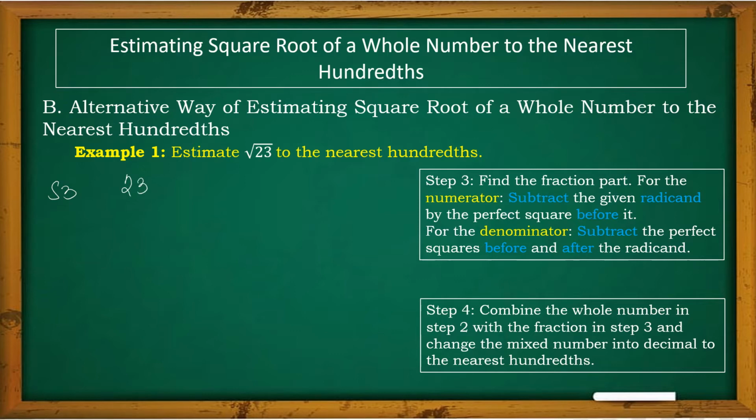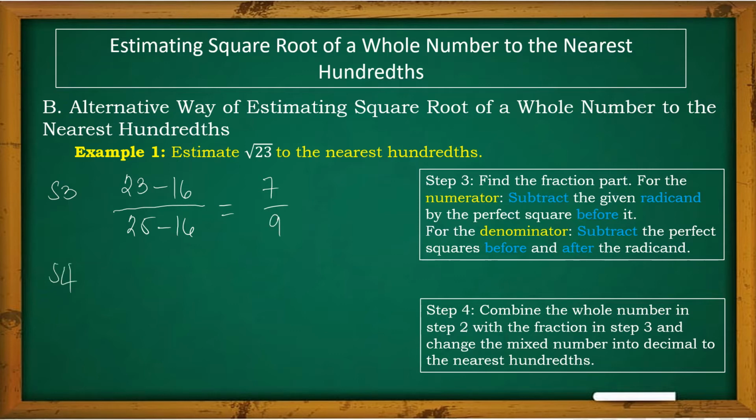So, that would be 23 minus 16. At para sa ating denominator, pag-subtractin natin yung dalawang successive perfect square, which are 25 and 16. So, naging 25 minus 16. So, kuhanin natin yung sagot. 23 minus 16, you have 7. And 25 minus 16 is 9. So, 7/9 yung fraction part natin.